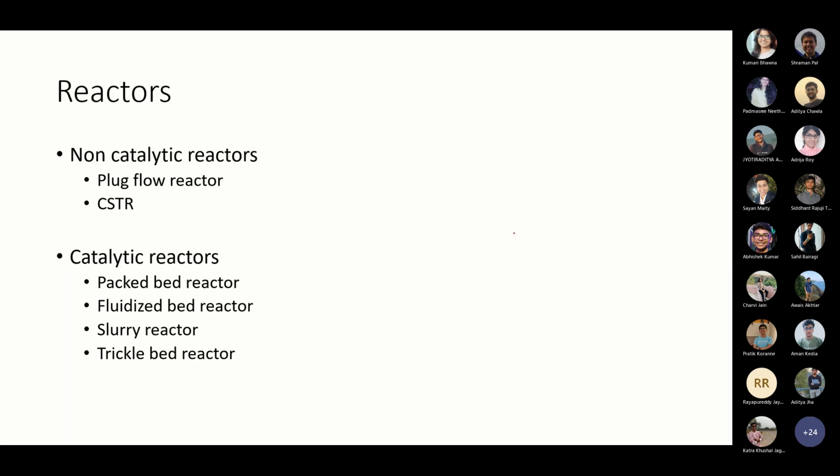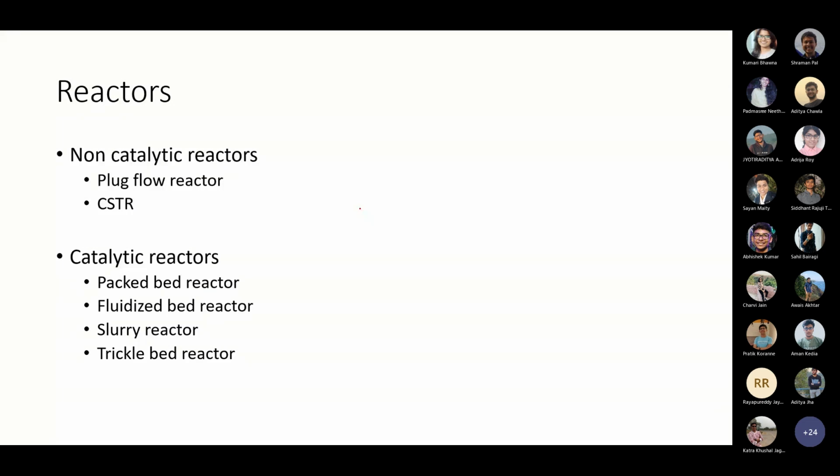Whenever we use catalytic reactors, we have liquid or gaseous reactants and we also have a solid catalyst. At that time we use catalytic reactors. If the catalyst particles are packed, that is called a packed bed reactor.